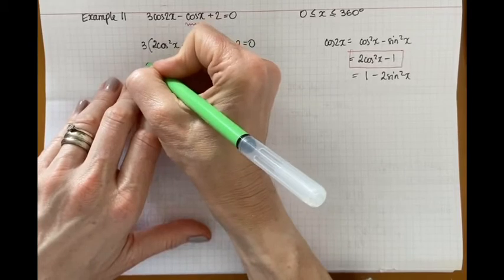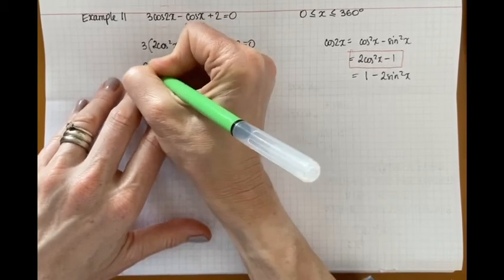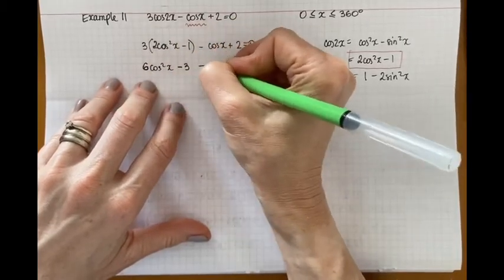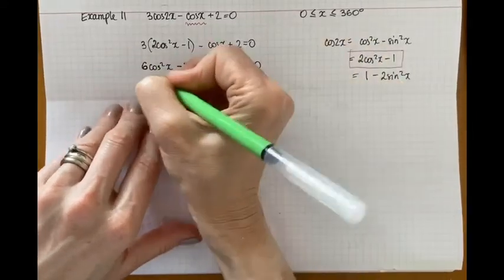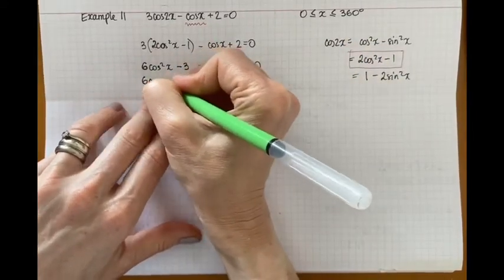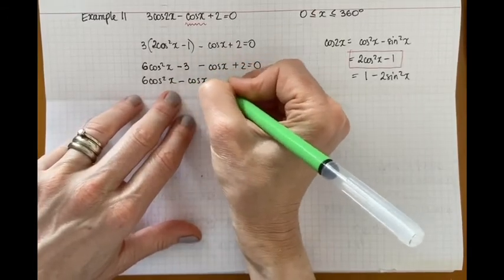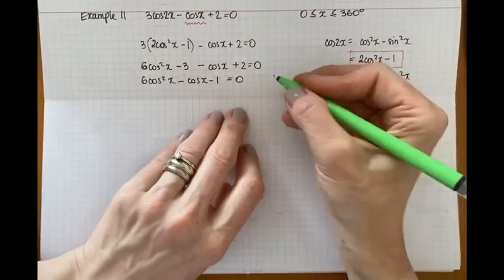So times that by 3, you've got 6 cos squared x minus 3 minus cos x plus 2 is equal to 0. Combining, 6 cos squared x minus cos x minus 1 is equal to 0. That becomes a quadratic equation.